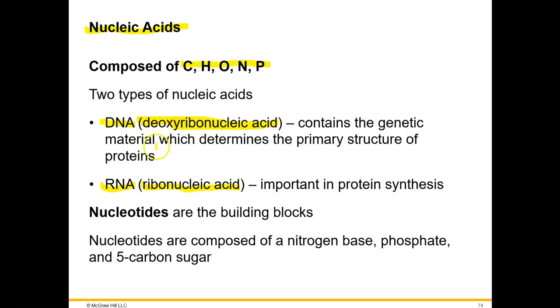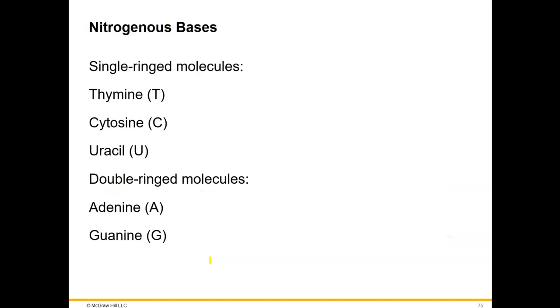And the building blocks of nucleic acids are nucleotides. So nucleotides are the building blocks or monomers of nucleic acids, and they are composed of a nitrogen base, a phosphate group, and a 5-carbon sugar, either ribose or deoxyribose.